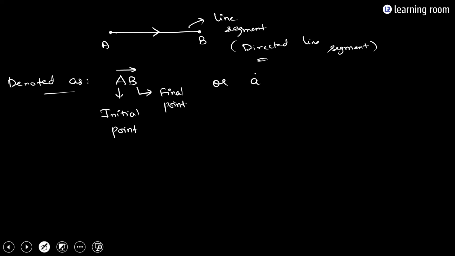Or this can also be written as a variable on top of which you have an arrow marker. This is read as vector A, and this is read as vector AB, or you can say AB vector also.